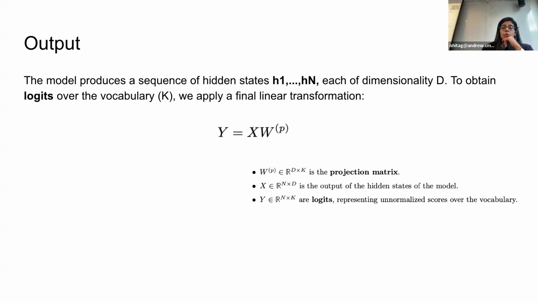My model as an output will produce H1 to Hn hidden states, each of dimensionality d. Finally, our goal is to obtain logits over the vocabulary K, so we will apply this linear transformation.